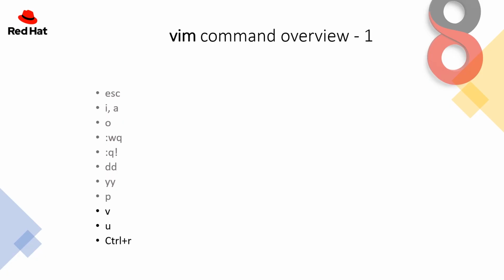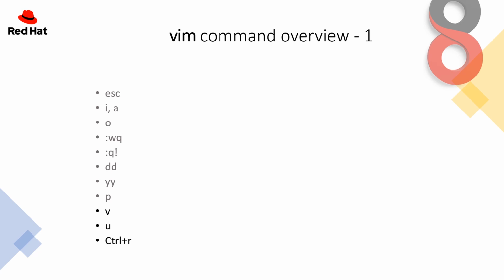So it's time to get back to the slide a bit. Alright, some more commands that you can use in Vim. There is v and it is for visual mode. In visual mode, you can select a block of text and then you can do a manipulation on that block of text.